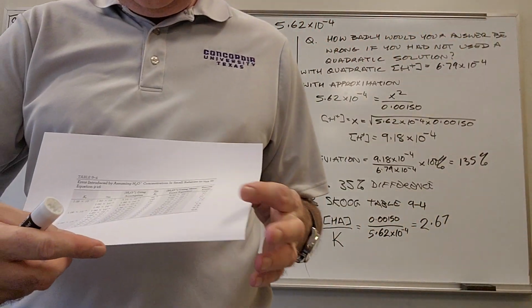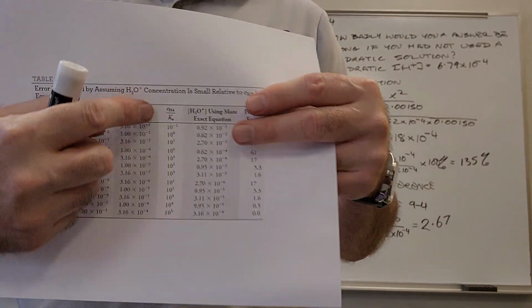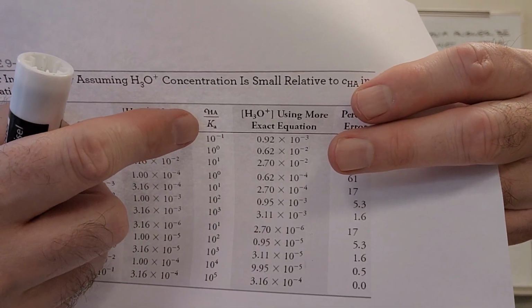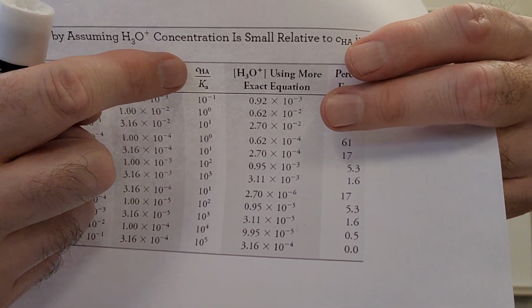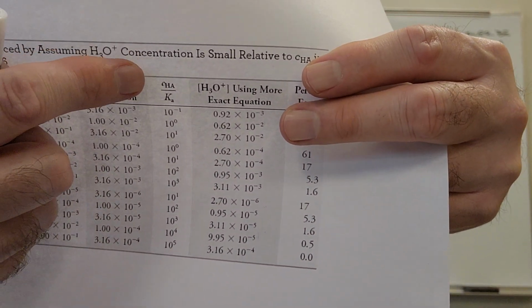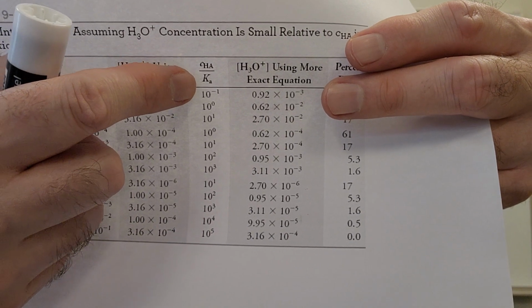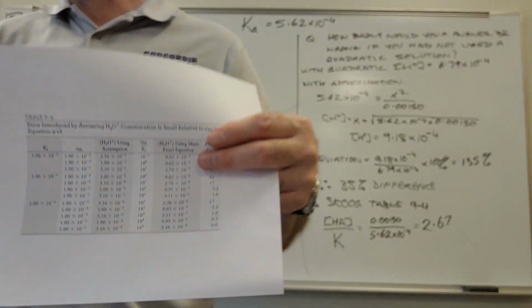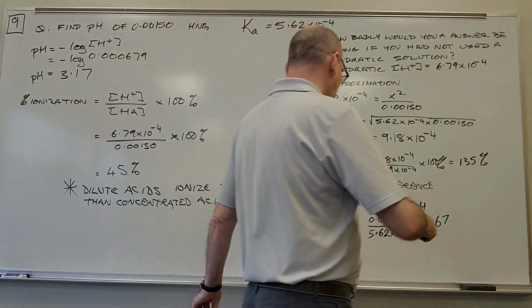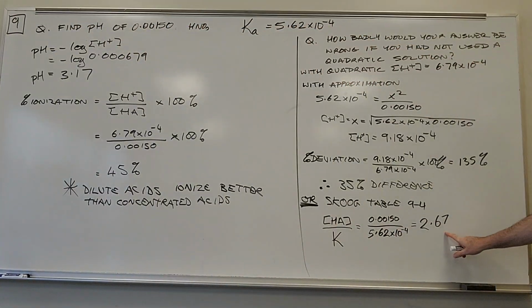So we have a column, and the column is here. This particular book uses the value C for concentration of HA. We've been using square brackets to show us HA. And there's a whole range. We have come up with a value that is 3.